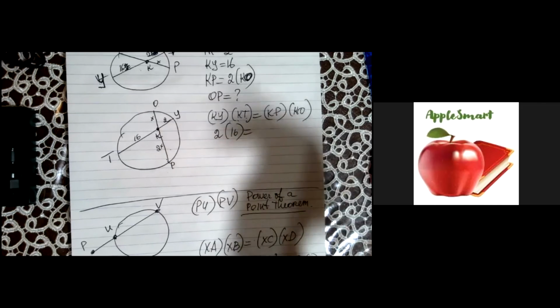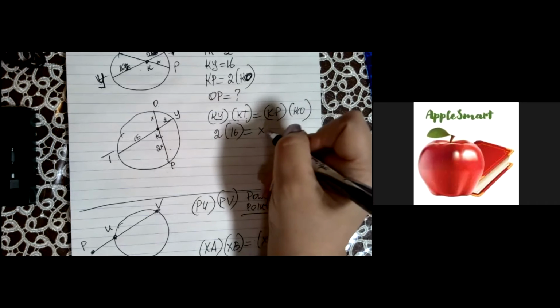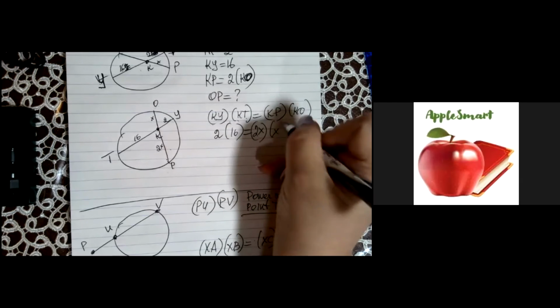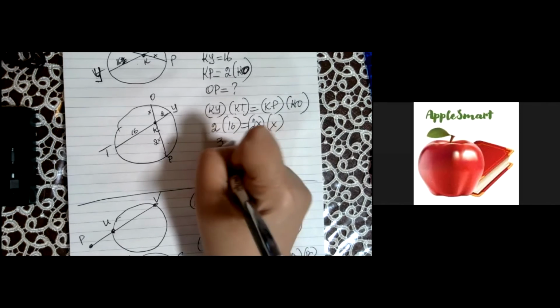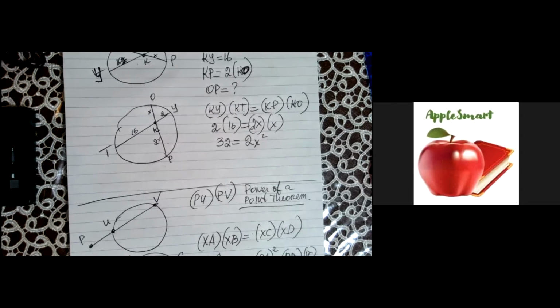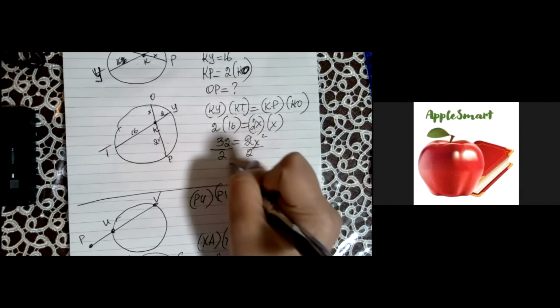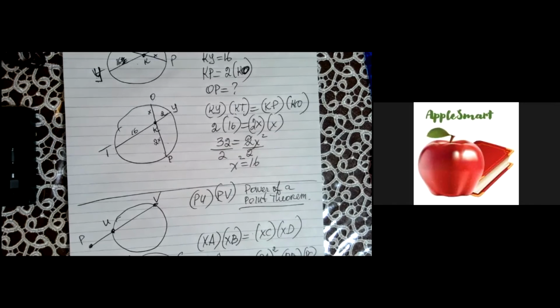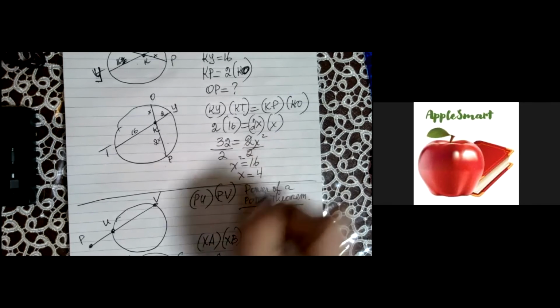So what's KY? We know how much KY is, right? KY is 2. KT, 16, equals KP times KO. We called KO X just to make it simpler, and KP is 2X. So it's 2X times another X. So 2 times 16 is 32, equals 2X times X, which makes 2X squared. Then what? Simple equation, guys. Divide both sides by 2. X squared equals 16. Therefore, X equals the square root of 16, which is 4, right? Everybody's following?